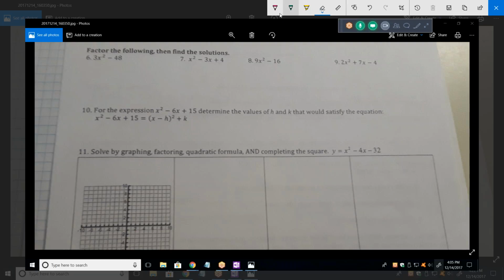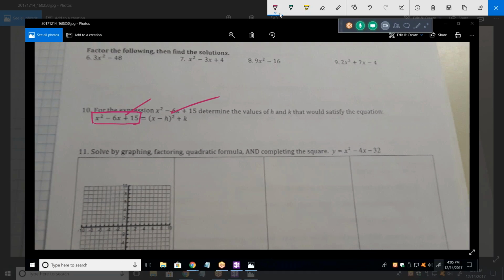How do you convert a polynomial like that into vertex format? I want to manipulate that so it looks like x minus some number squared plus another number. Then I'll know what h and k are. If I can get this looking exactly like that, then I'll have my answers.